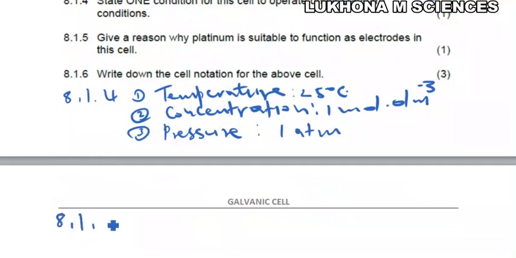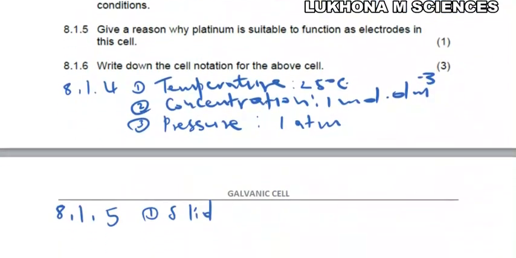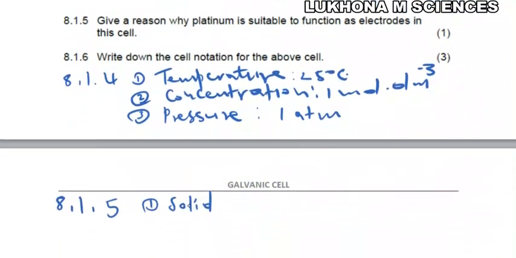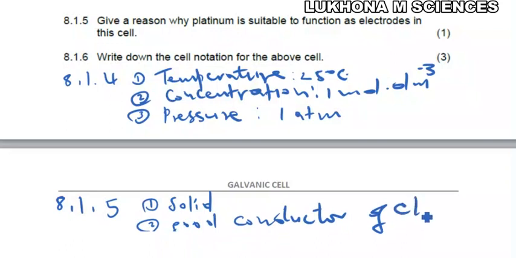8.1.5. Give a reason why platinum is suitable to function as an electrode in this cell. Number 1, platinum is a solid. That is the first thing that comes to my mind. Then number 2, platinum is a good conductor of electricity.